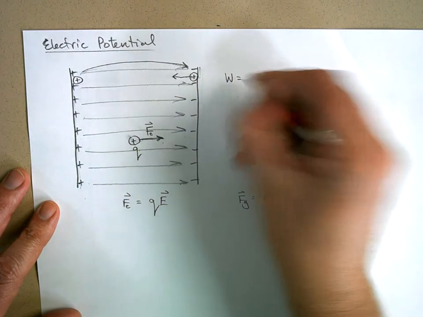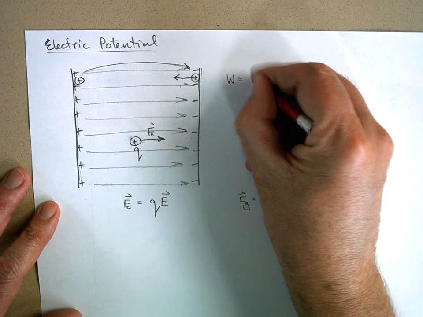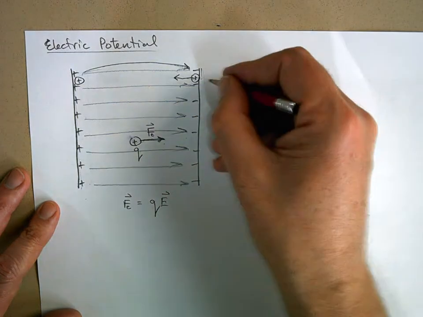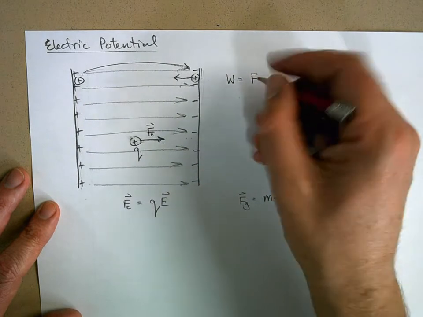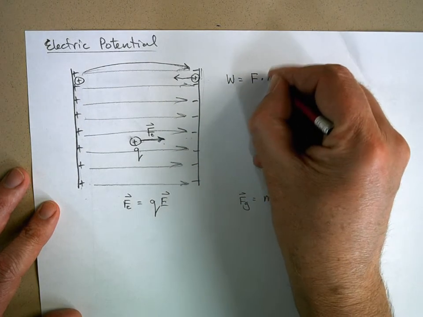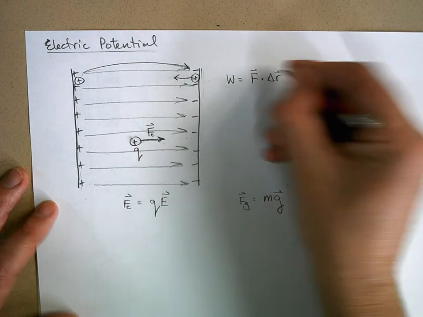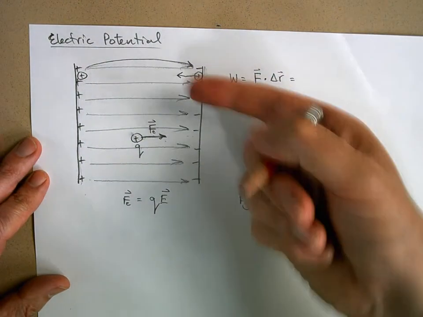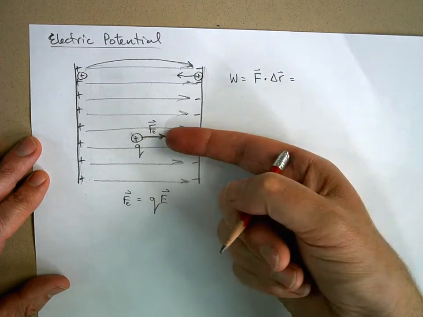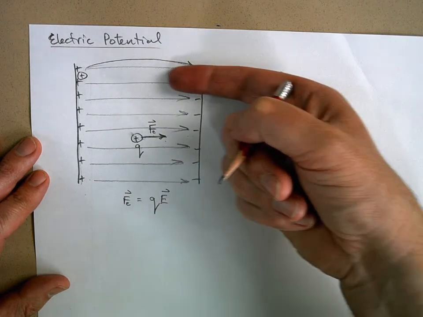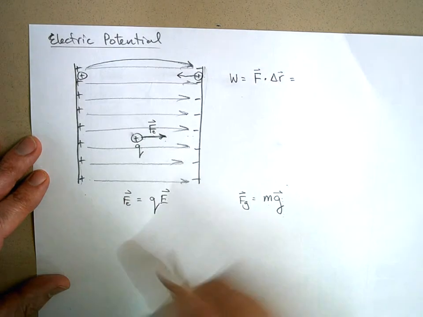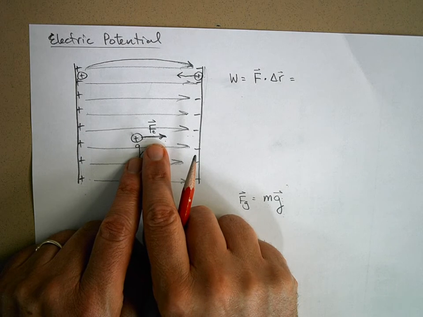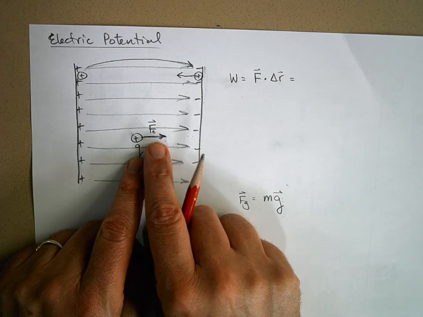It's the force that I had to apply times the distance, since work is F dot delta R, right? Now, the force I apply to move this across at constant velocity only has to be the tiniest bit bigger than the electric force.